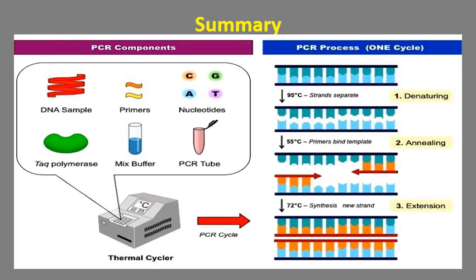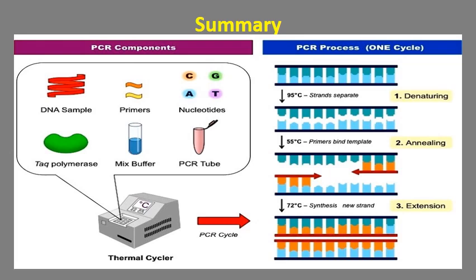The summary of the PCR protocol involves 3 scopes. Firstly, what is PCR? It is a thermal cycler used to amplify a specific sequence of DNA.